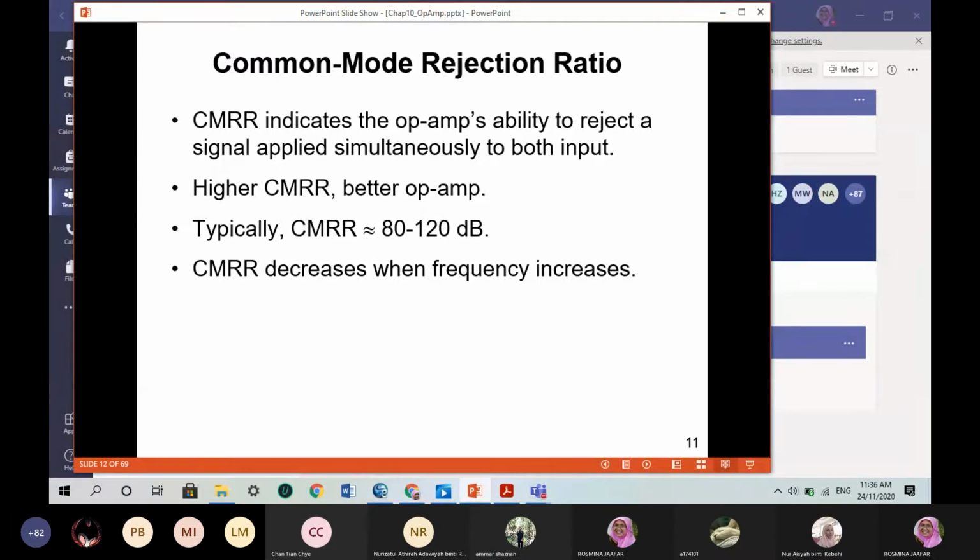CMRR, however, decreases when frequency increases. Because CMRR is in the bottom of the equation, it is actually inversely related to frequency.